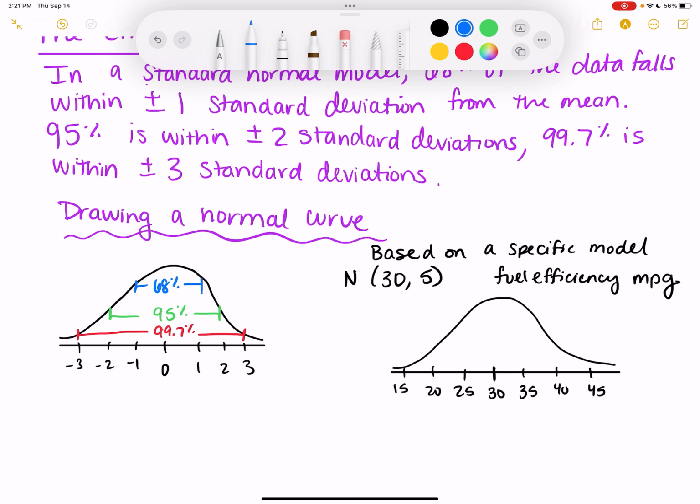So 68% of our data is between 25 and 35. 95% is between 20 and 40. And 99.7% is between 15 and 45. I keep reading them backwards.